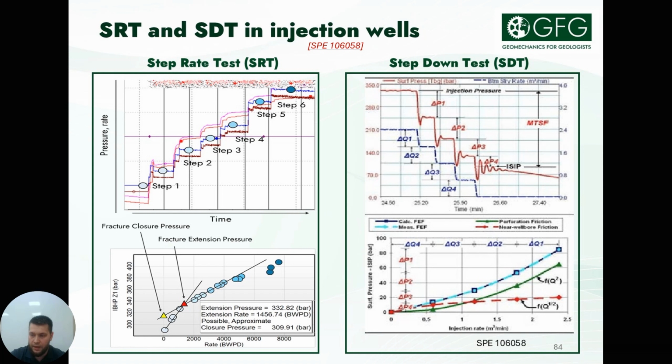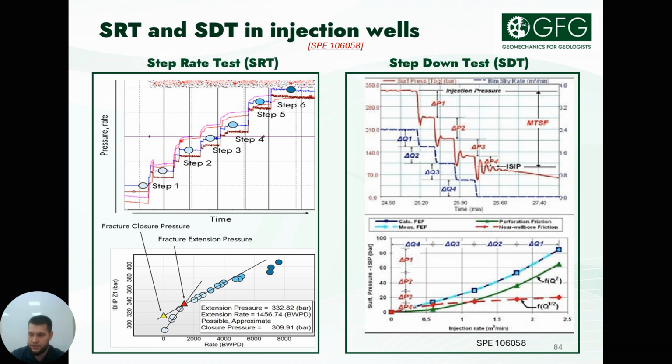The concept behind the SRT involves gradually increasing the injection rate in equal time intervals, which allows a fracture to initiate and grow. This leads to minimal increases in bottom hole injection pressure as the rate increases. The fracture closure pressure can be determined by finding the intercept of the fracture line and zero injection rate.